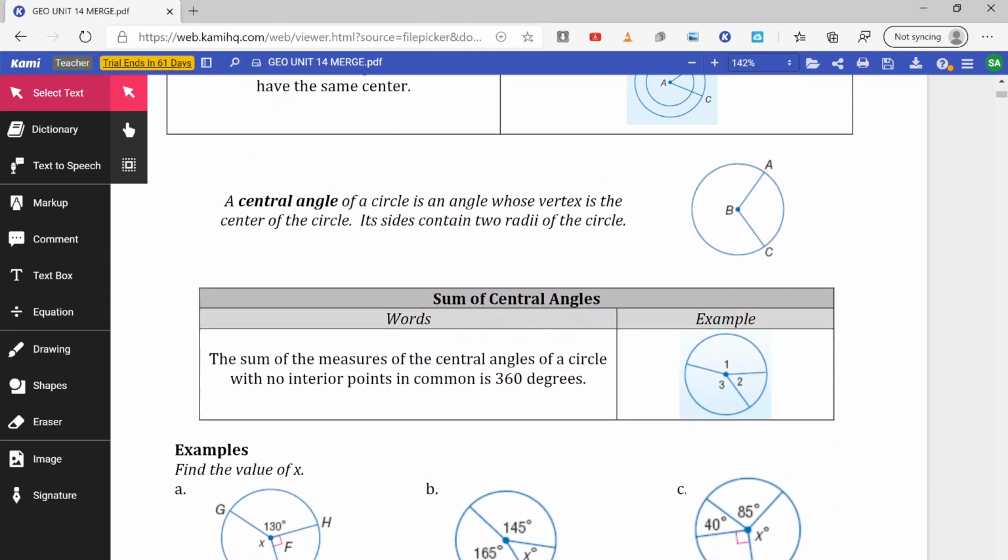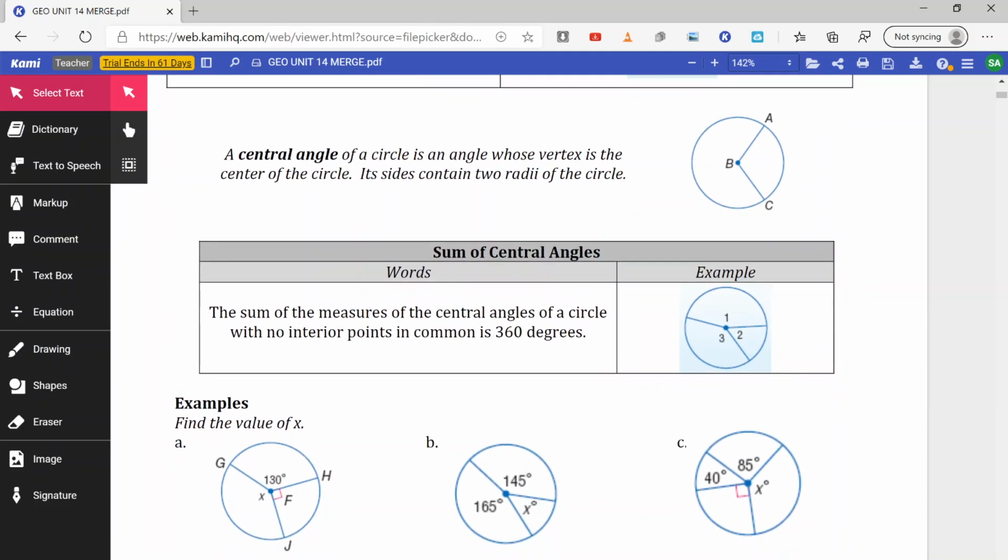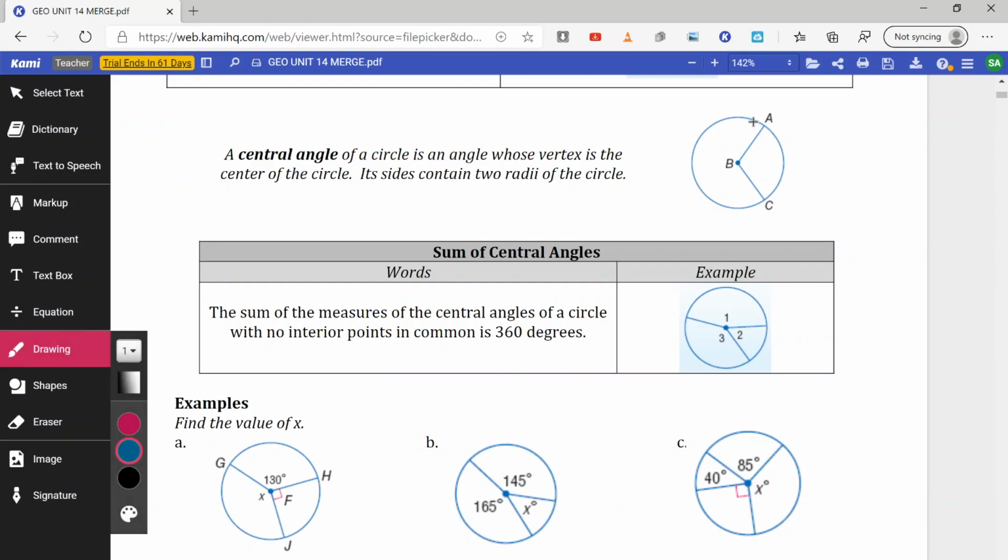Now, a central angle is an angle whose vertex is the center of the circle, and its sides contain two radii. So what this means is if I draw radius BA and radius BC, what I have created is a central angle, and it measures whatever it tells us it happens to be.